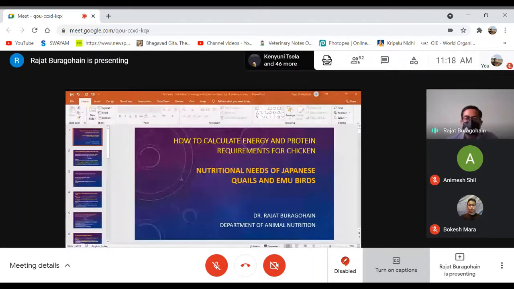I do not know whether it is a rumor, but people think that meat and eggs of Japanese quail have the ability to protect us from cancerous growth. Recently the price of eggs has increased up to maybe 10 rupees per egg of the Japanese quail, although the egg size is very small.